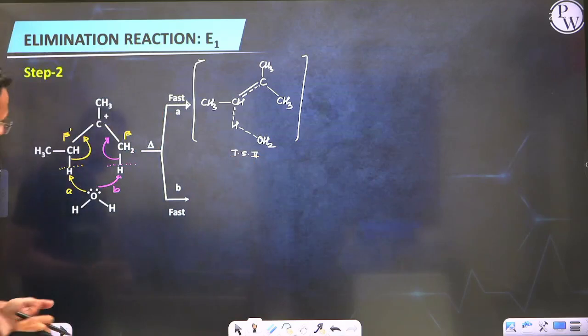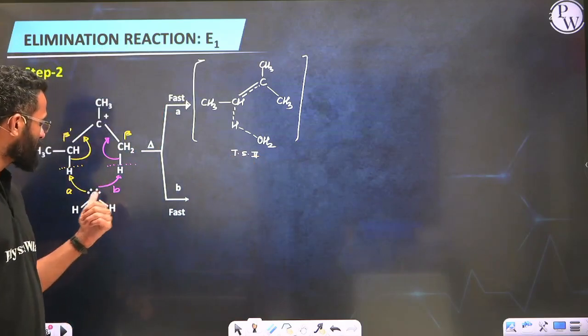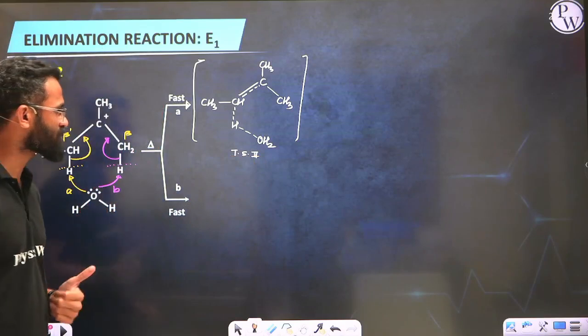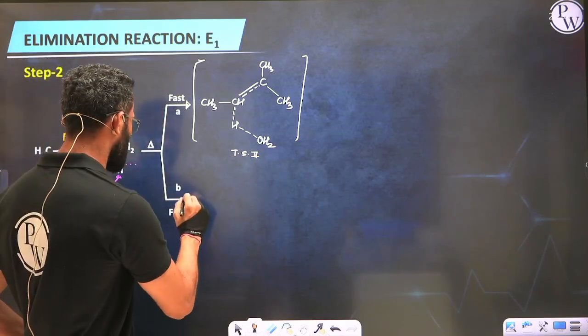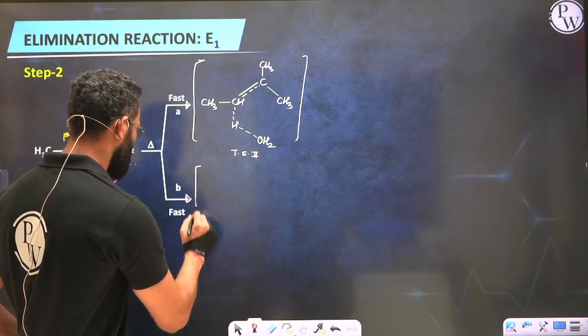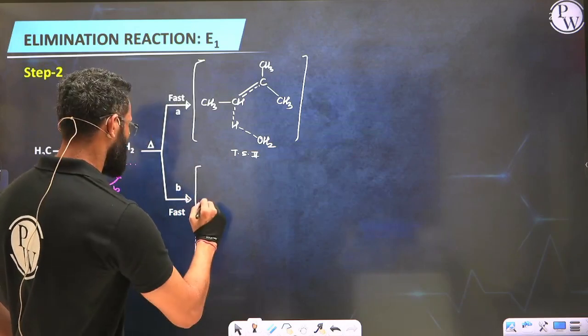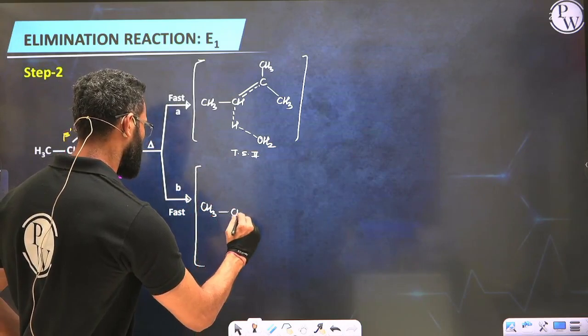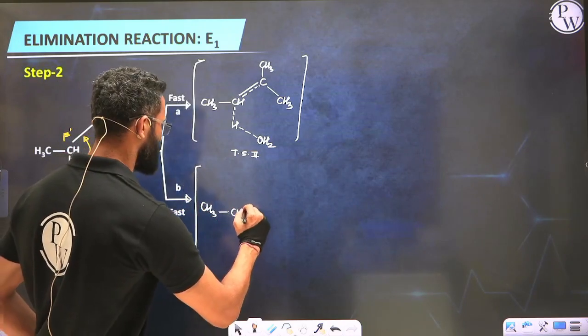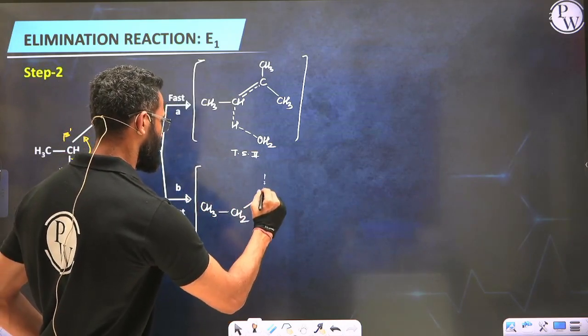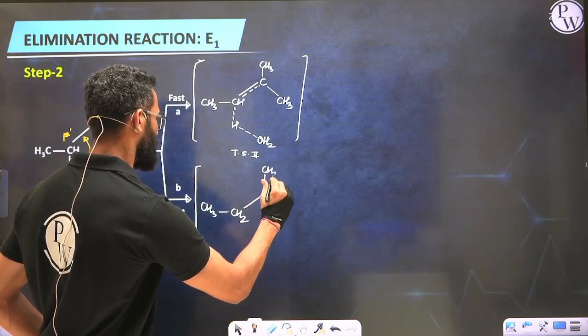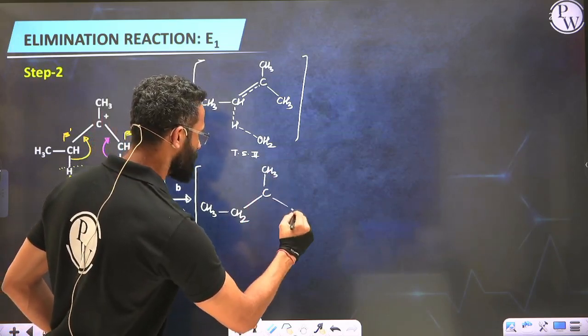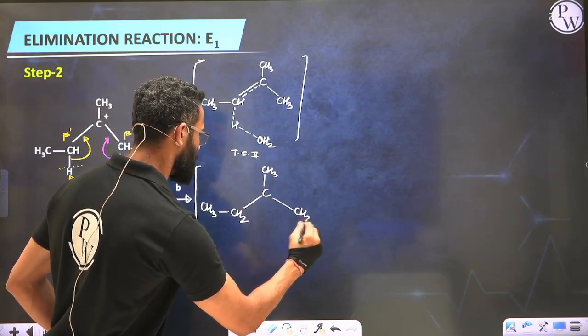And if you consider the mechanism via path B, what is abstracting the beta hydrogen atom? So the transition state corresponding to this can be represented like this. This carbon we are keeping as it is, CH3, CH2, all right, CH3. Now look here.